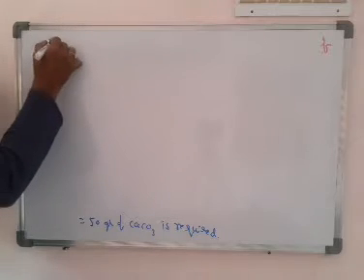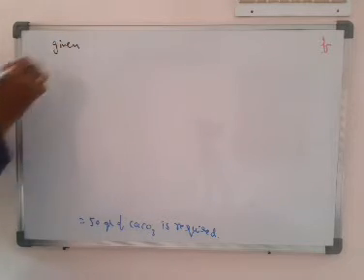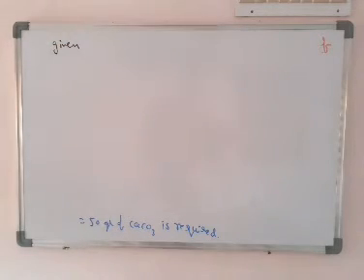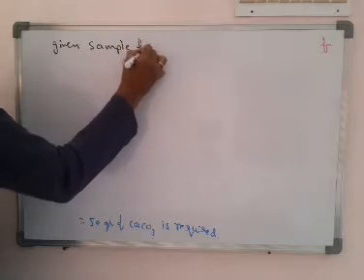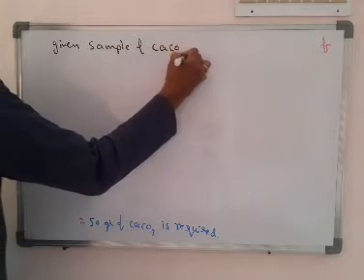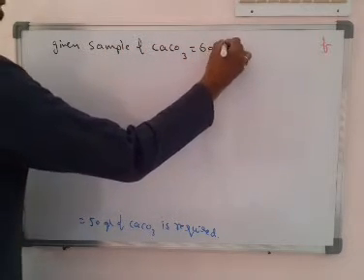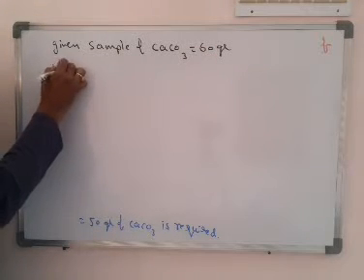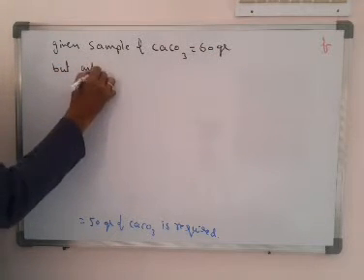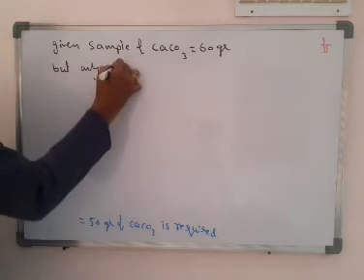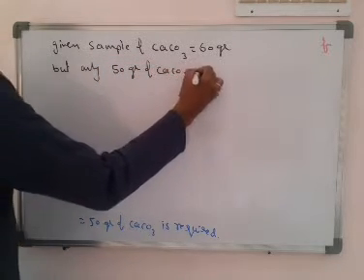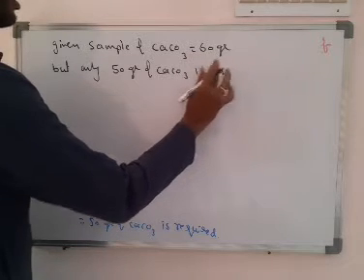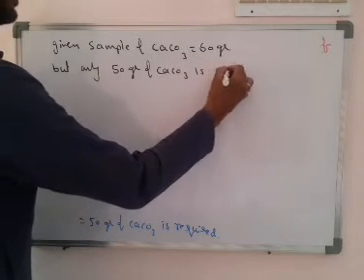So the given sample of calcium carbonate is 60 grams. But only 50 grams of CaCO3 is used. Nothing but is reacted.